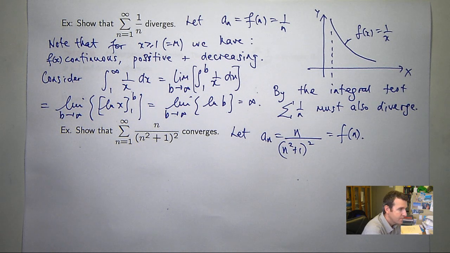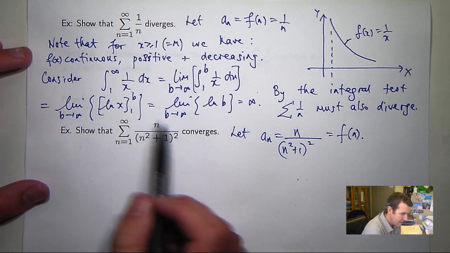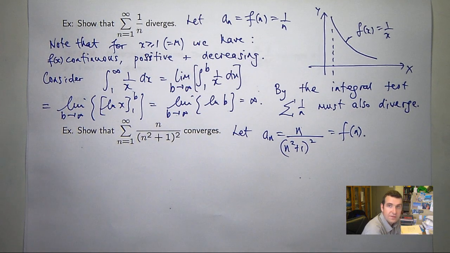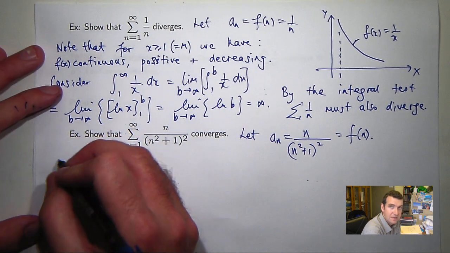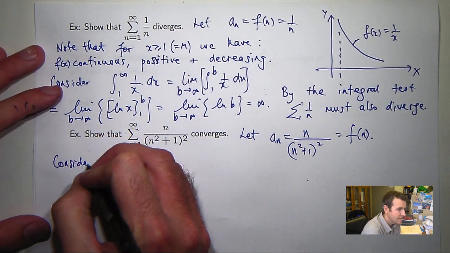All right, so let's extend the domain of little f to, say, a set of real numbers in this case. So f of x is going to be x all over (x squared plus 1), all squared. And then I'll find some interval where that function is positive, continuous, and decreasing.